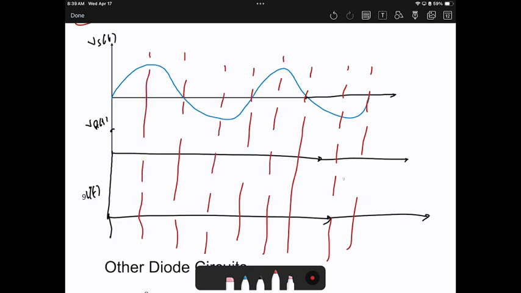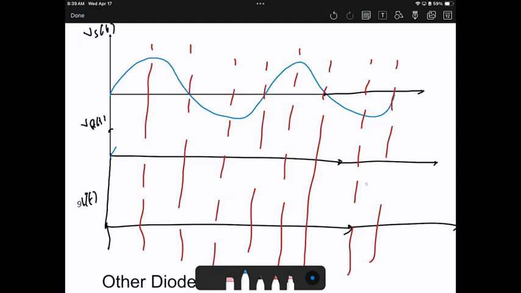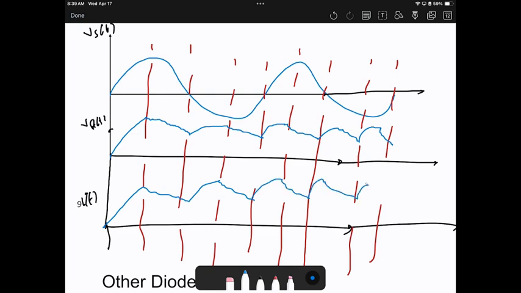So what will happen is it will go like this way. Then for the discharge, it will be slower. Then it will charge, discharge, charge, discharge, and so on. Then the same thing for the currents.